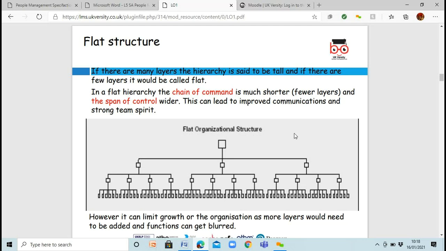So if we just look at this here, we've just got the flat organization structure. At the top will be the owner or director, under will be managers, and then beneath the managers will be the supervisors, and then you have a whole array of support staff that are doing the actual work.